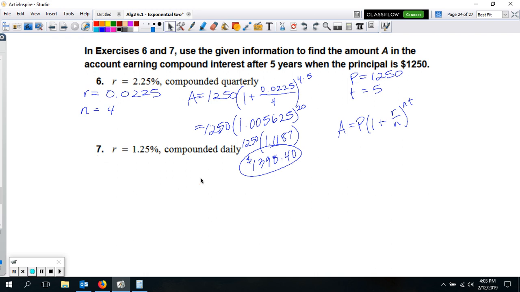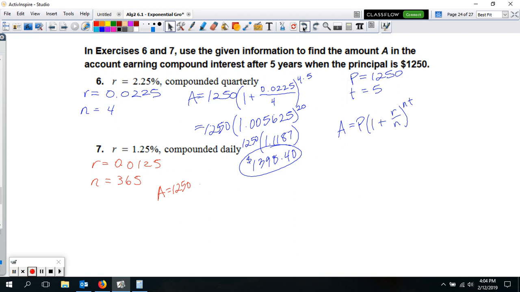Let's check out this one and see how much money, and then we can maybe compare these two. But let's do the same thing on this next one. Our rate here, we're going to move the decimal back in front 2 places, 0.0125. The compounded daily, remember daily just means 365 days a year, so 365 is the N on this one. So don't forget, you should have copied those down so you know what to put. And then if we start to plug things in, A equals, our principal again is 1250.